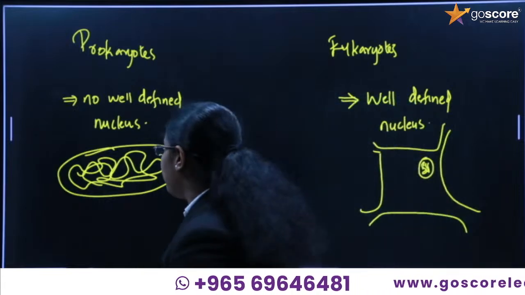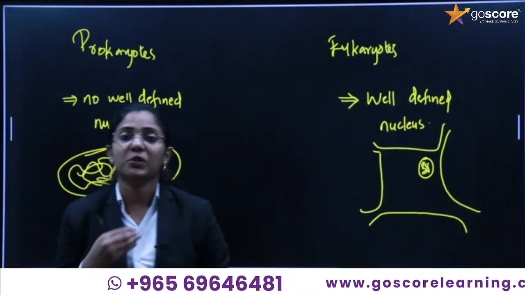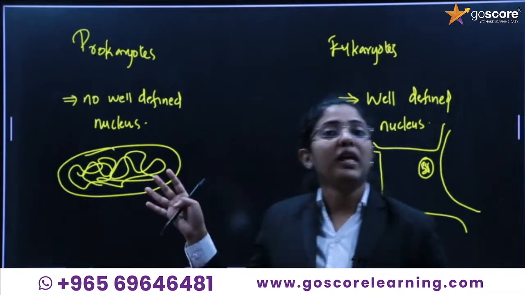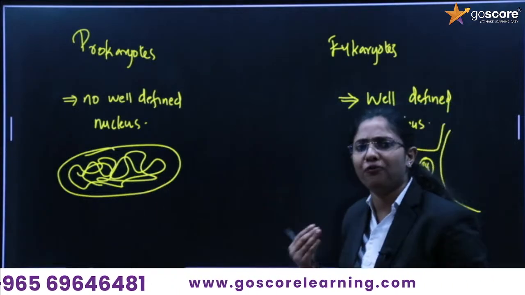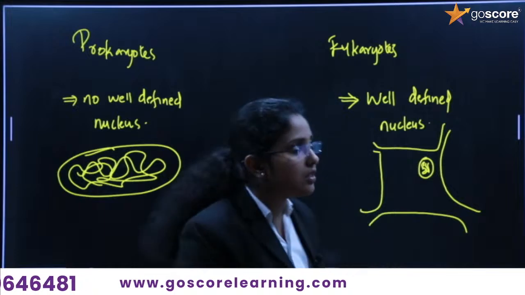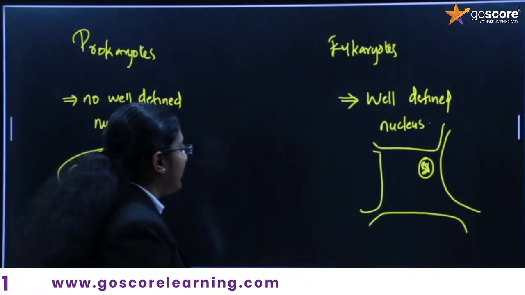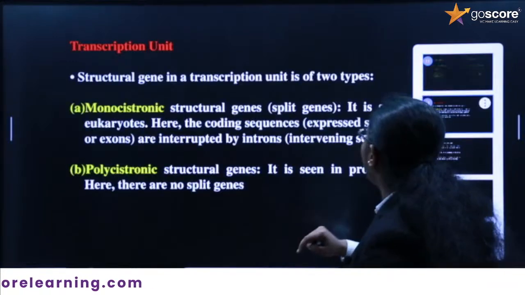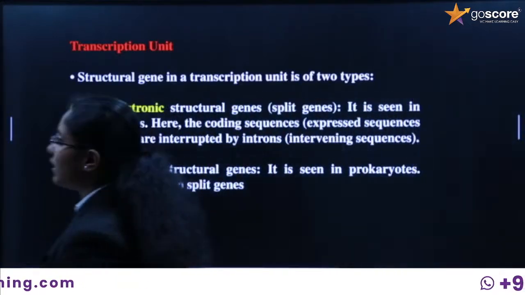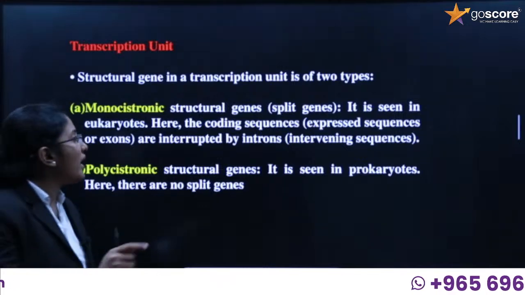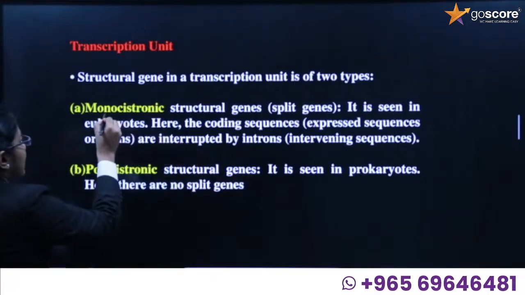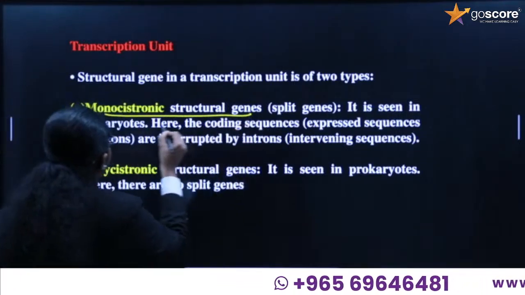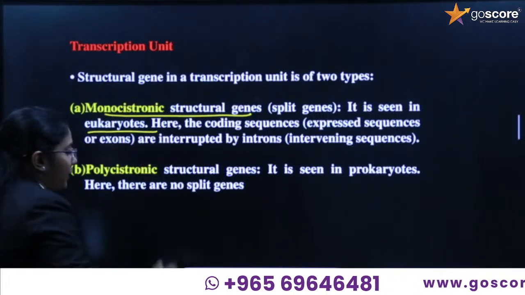So we can say the cistron which is present in the prokaryote and eukaryote is different. If you are looking into the structural gene, it is known as monocistronic in the case of eukaryotes.